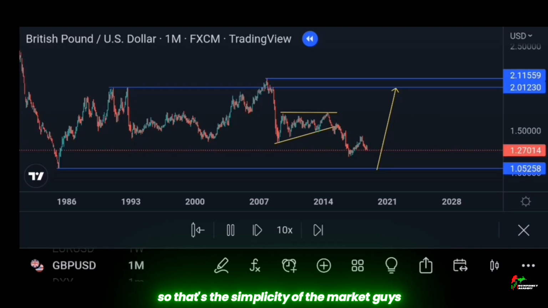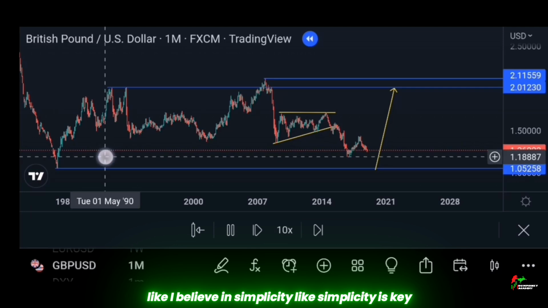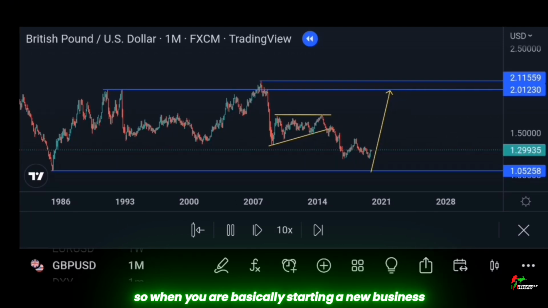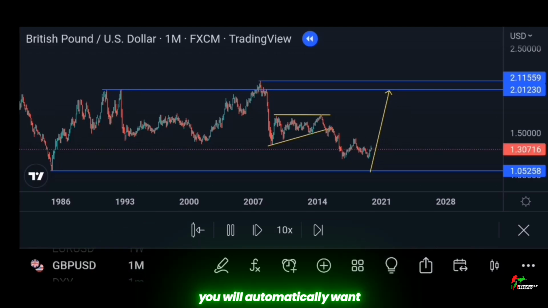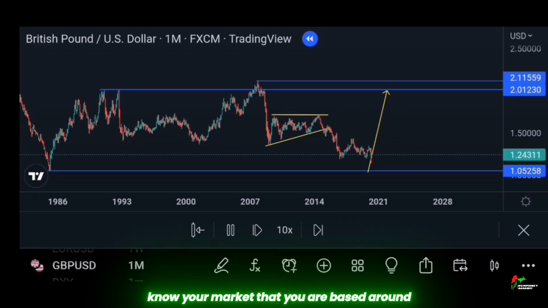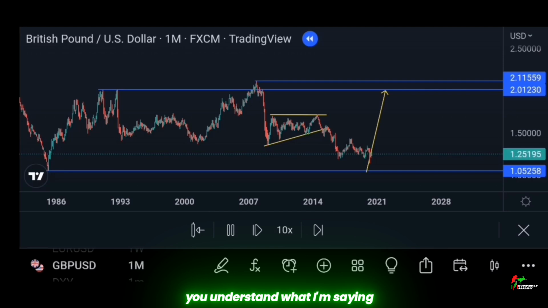So that's the simplicity of the markets, guys. I believe in simplicity. Simplicity is key. When you are starting a new business, you will automatically want to do your research, know the market you are basing your business around. You understand what I'm saying?